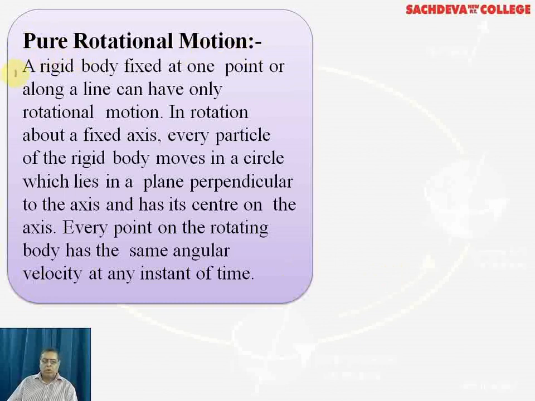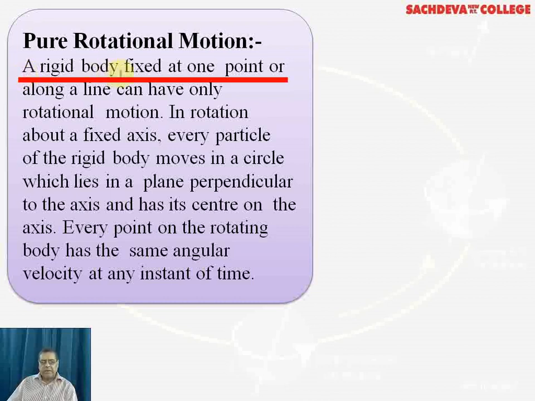Now we come towards pure rotational motion. Suppose that the whole body is rotating about its own axis. Now that body is made up of atoms or molecules. The distances among the atoms are generally 1 angstrom unit, that is called the lattice parameter. The axes on which the atoms are arranged are called the lattices, and the distance is called the lattice parameter.